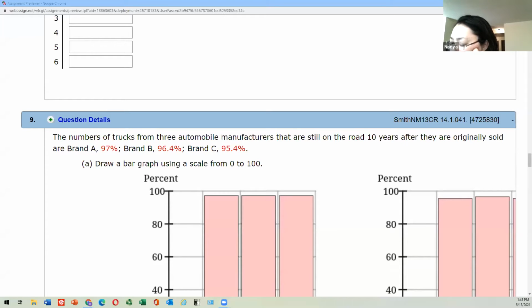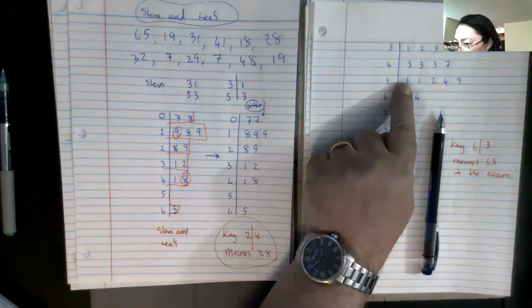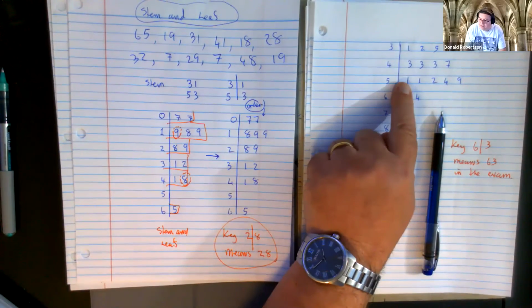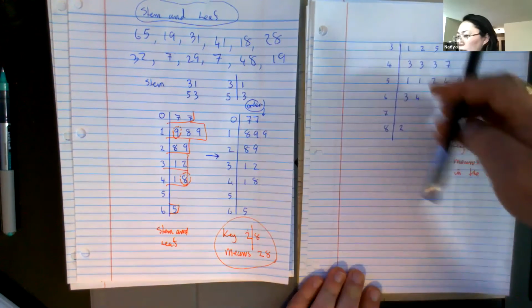Where did you get those numbers? Is it the last diagram? Yes, I mean 1, 2, 9. These numbers here? Yeah. These were just made up.